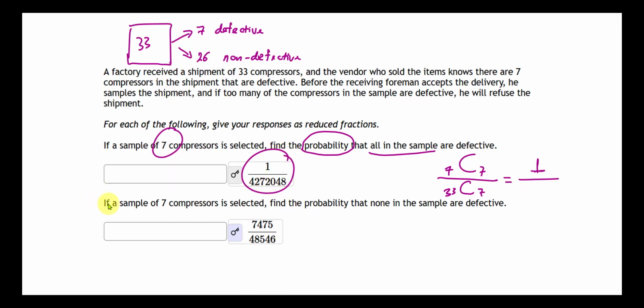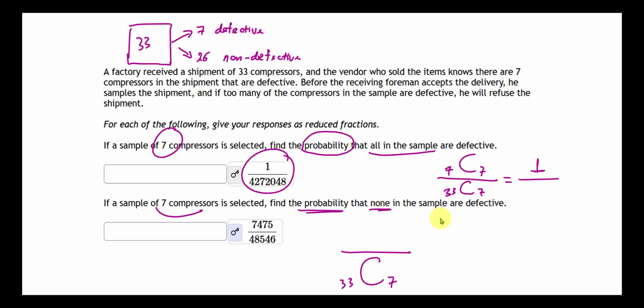Now, the second question: if a sample of 7 compressors is selected, again we only take out 7, find the probability that none in the sample are defective. Again, the total number of possible outcomes is 33 choose 7. And for the top, we are looking for the chance that none in the sample are defective.